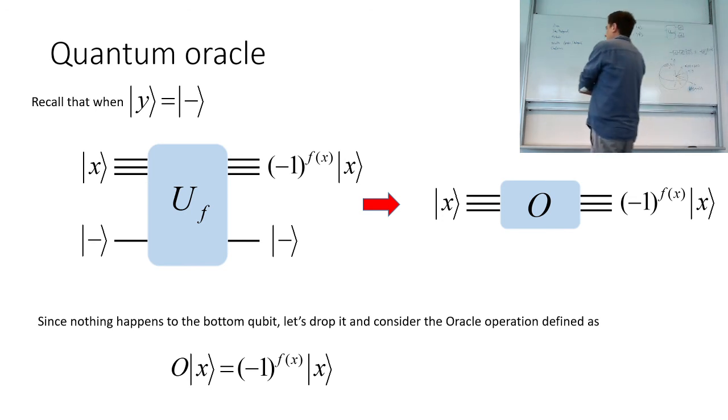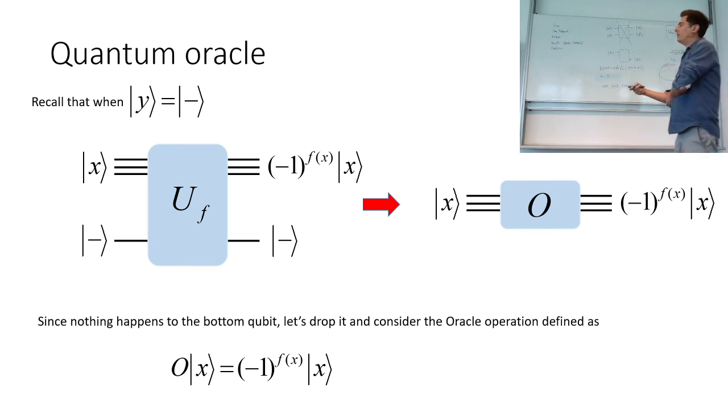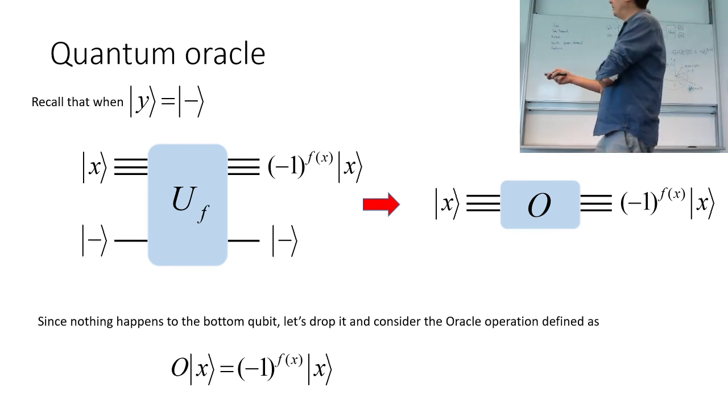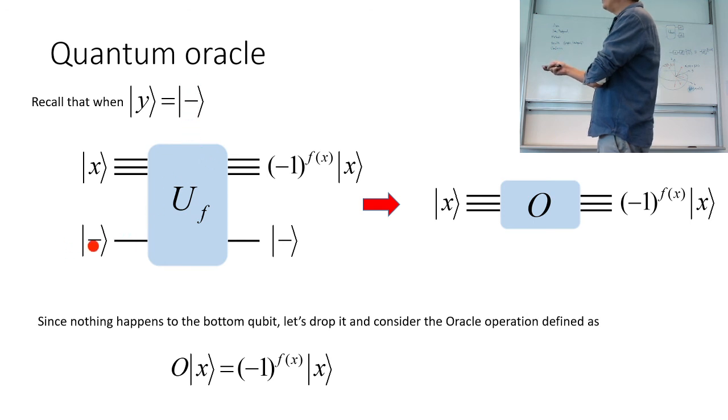We went through a discussion with Deutsch's algorithm with this kind of oracle, where if we start this bottom qubit in the state of minus, then what's going to happen is that the state where f of x is 1 is going to pick up a minus sign.